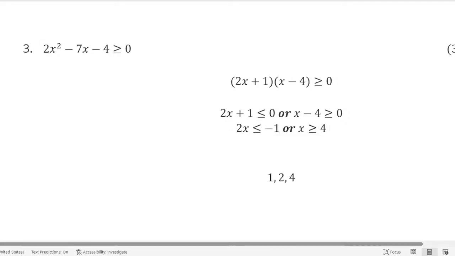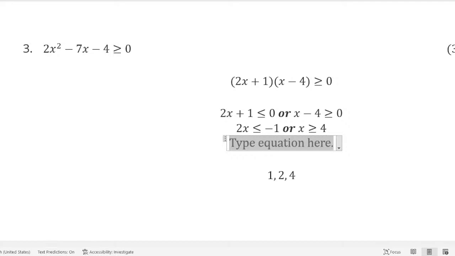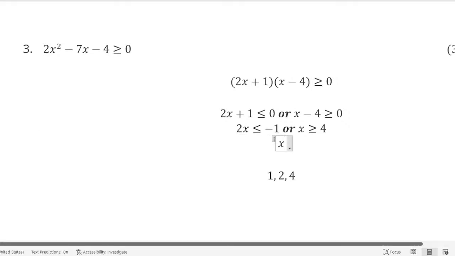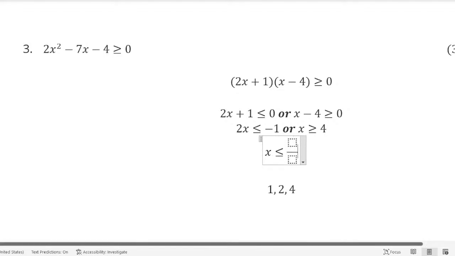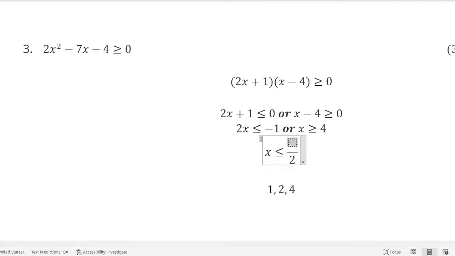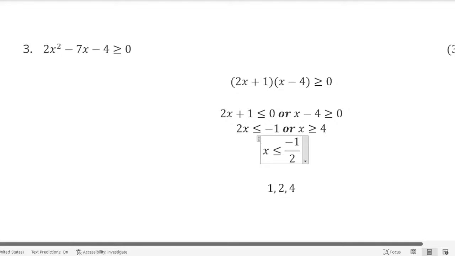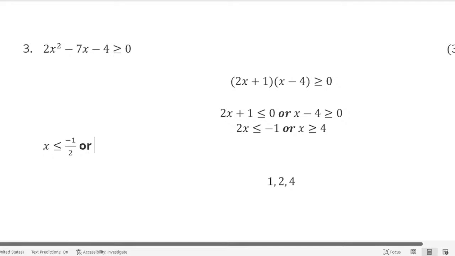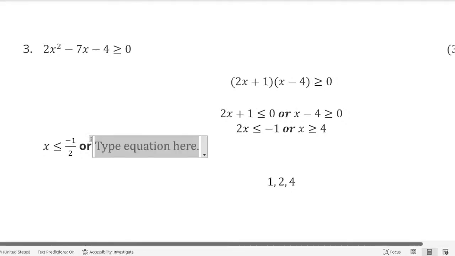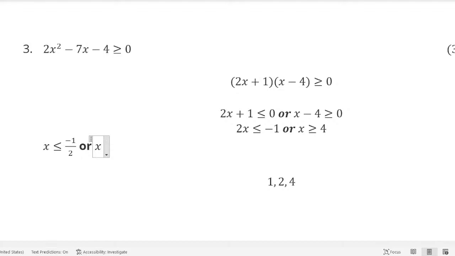So our answer would be x is less than or is equal to negative 1 over 2, or x is greater or equals to 4.